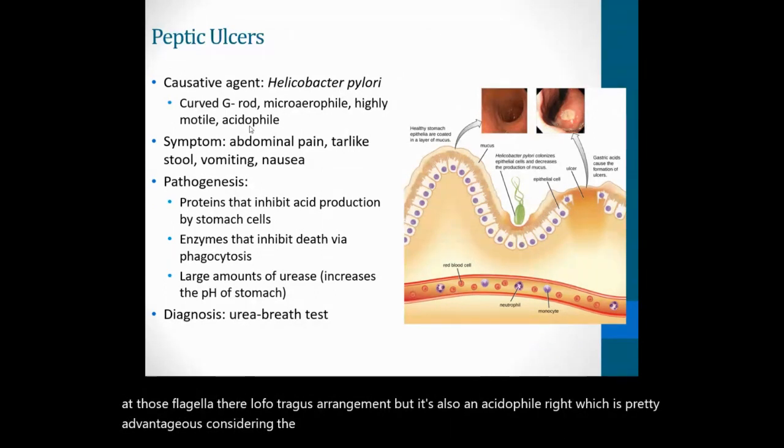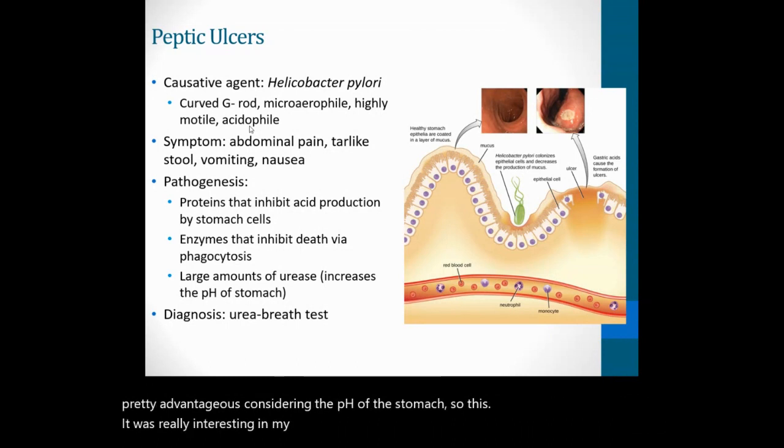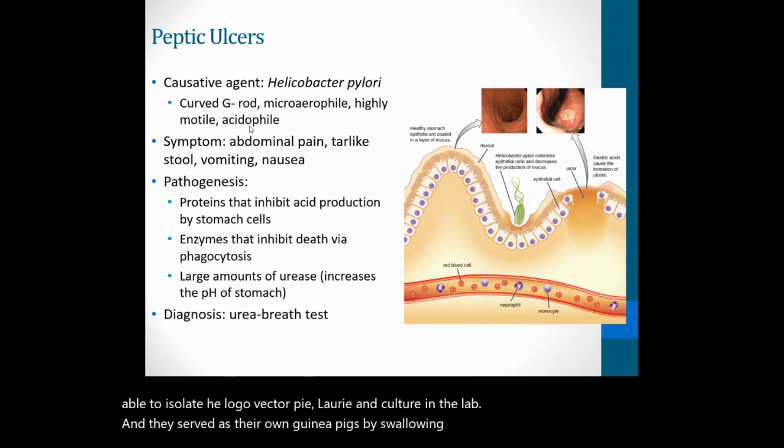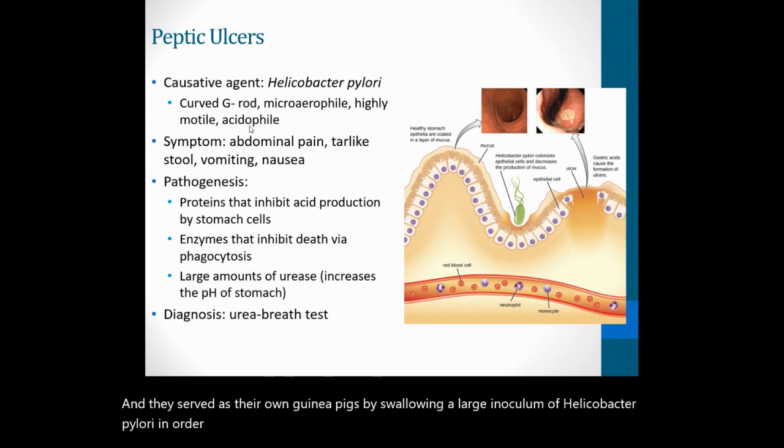of the stomach. So this was really interesting, in my opinion, is that this was discovered by two scientists that were able to isolate Helicobacter pylori and culture it in the lab. And they served as their own guinea pigs by swallowing a large inoculum of Helicobacter pylori in order to prove that it causes gastric ulcers.